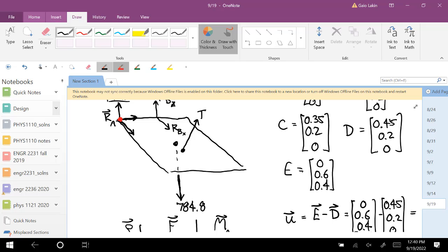Let's just double check a couple of these answers, because that still doesn't look right to me. The thing that seems weird to me is these gigantic X forces.